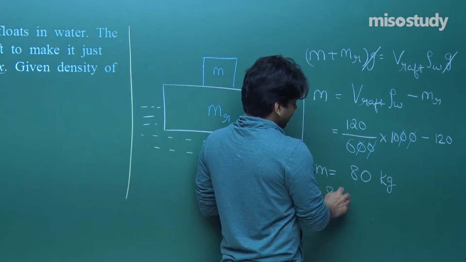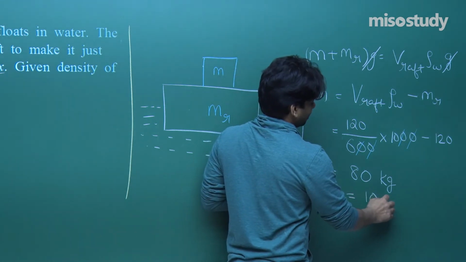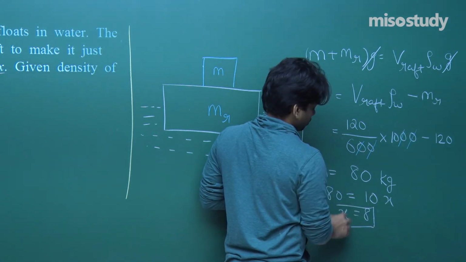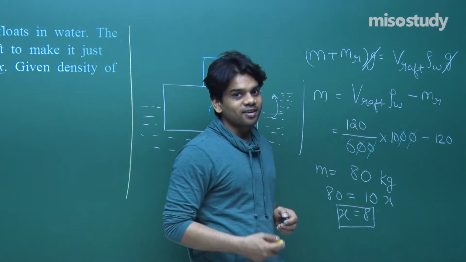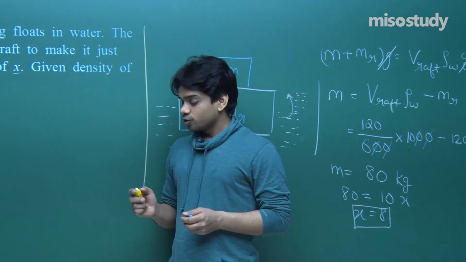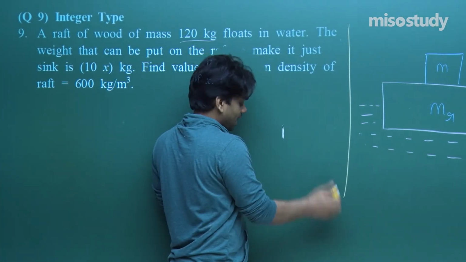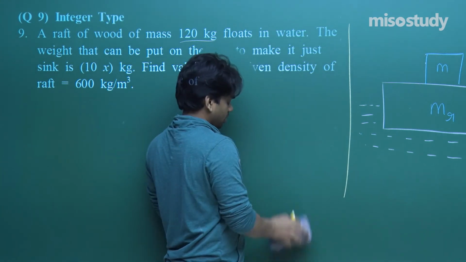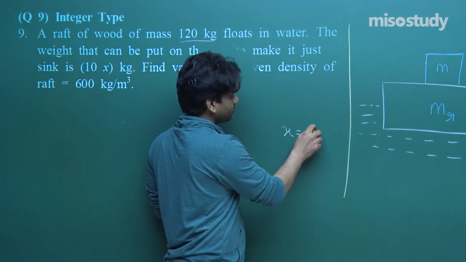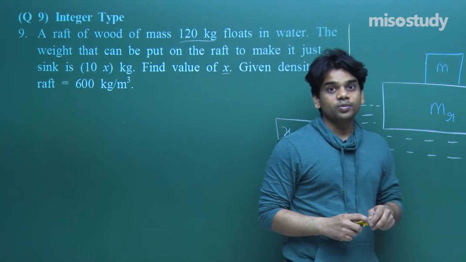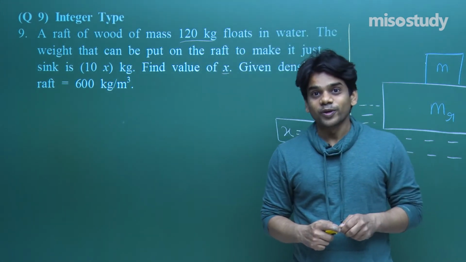And if 80 kg you write as 10x, so x will come out to be 8. So the option that you should encircle on your OMR sheet should be equal to 8. I hope that you have got how to solve such kind of question.